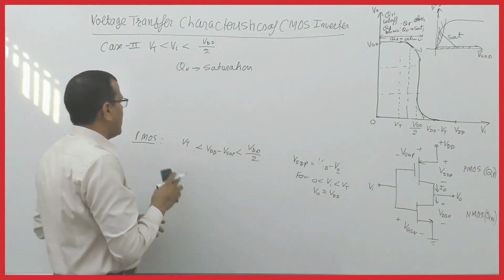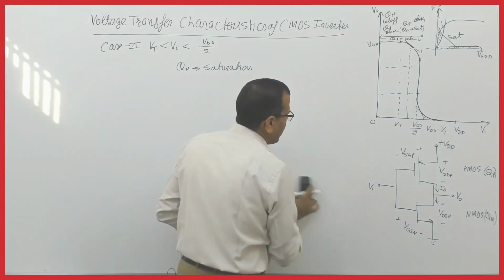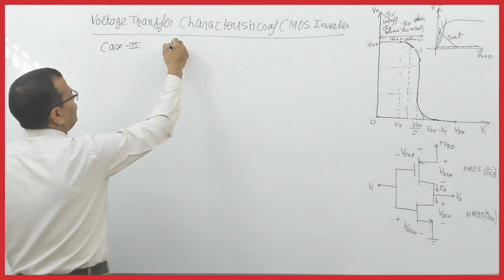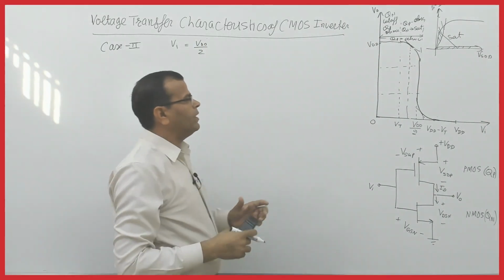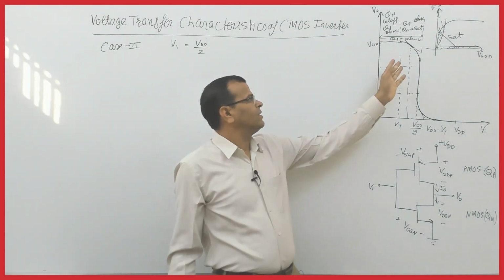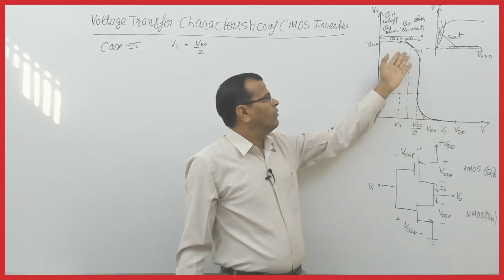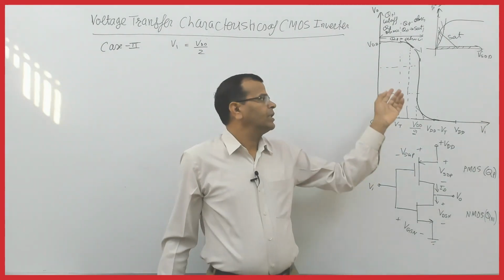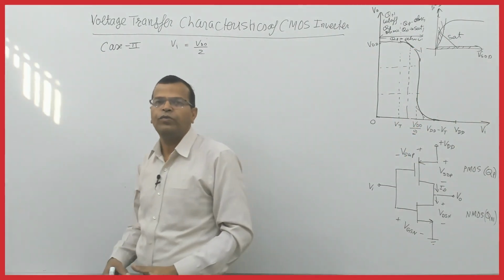Fine. And remember, if both transistors are matched transistors, I repeat, if both transistors are matched transistors, in that case your voltage transfer characteristic is symmetrical about this vertical line, that is Vi equal to VDD by 2.